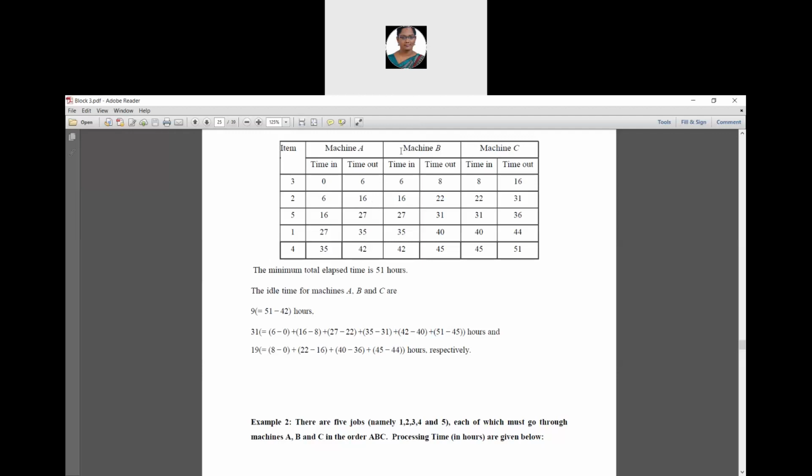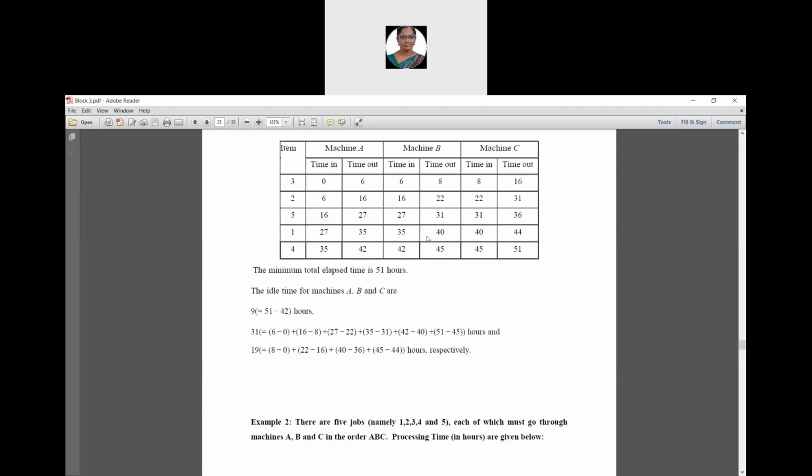Then idle time for machine B. For that, first we check whether there is a difference between these numbers: 16 and 8, 27 and 22, 35 and 31, 42 and 40. Yes, of course, a difference is there.